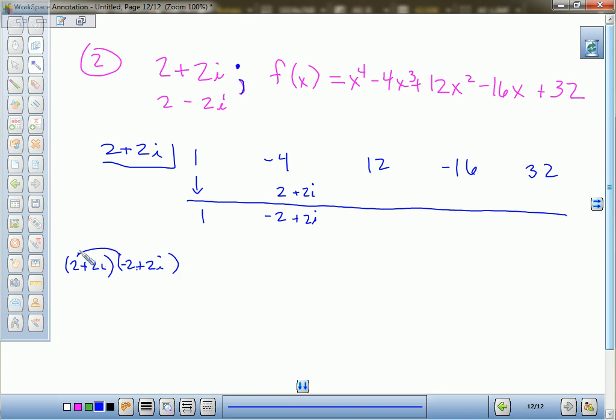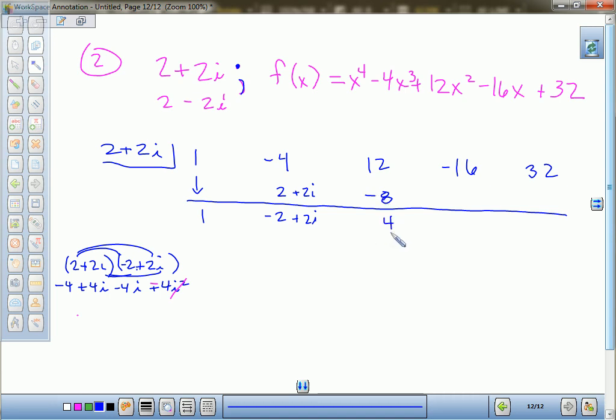So when I distribute, I get negative 4 plus 4i, and then I get a minus 4i, and then I get plus 4i squared. But the i squared makes that a negative 4. So it is negative 8. Okay? So negative 8.